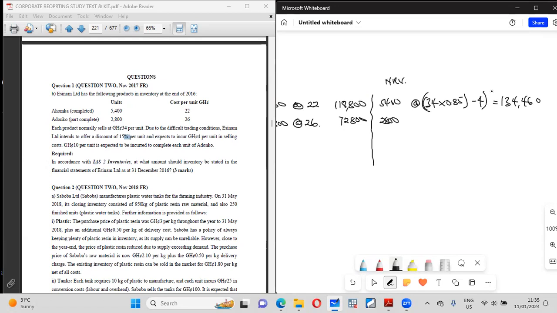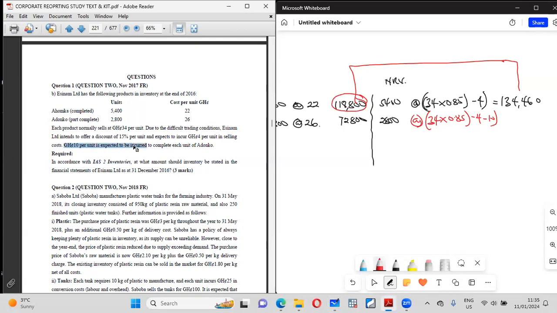All right. So since we want the lower of cost and net realizable value, if we are comparing these two, of course, which one will we pick? Obviously, this. Then we do same. This one too is at what? Yeah, 34. They also sell at a discount, and also -4, but again -10, because we are told that for that one they will have to spend another 10.